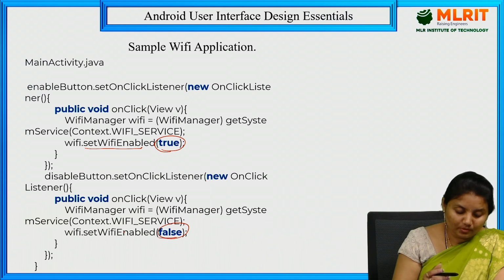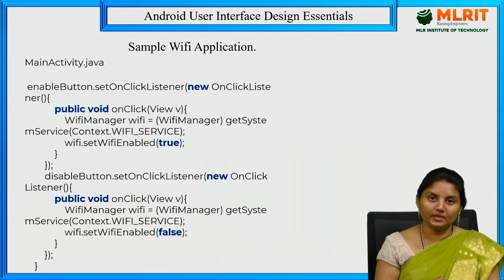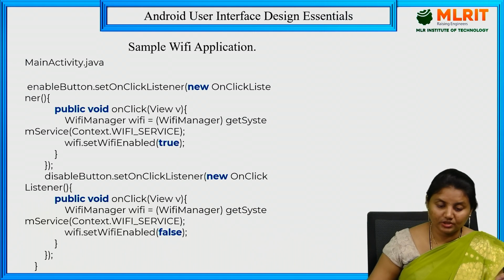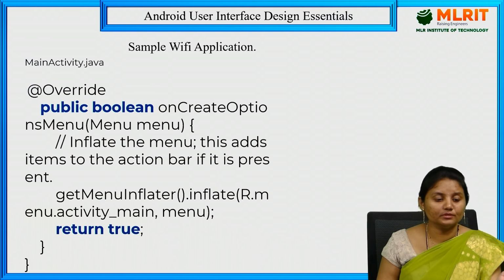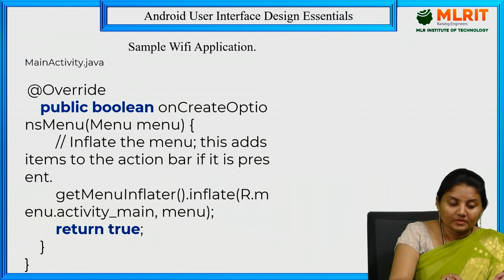So this is a program where you can enable and disable your Wi-Fi using the packages and various methods. And here, if you see onCreateOptionsMenu, here we inflate the menu.